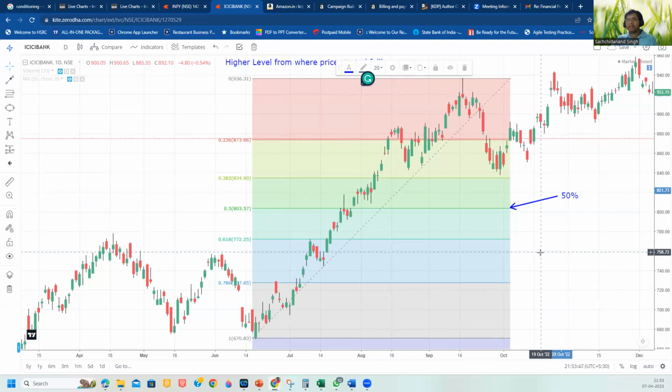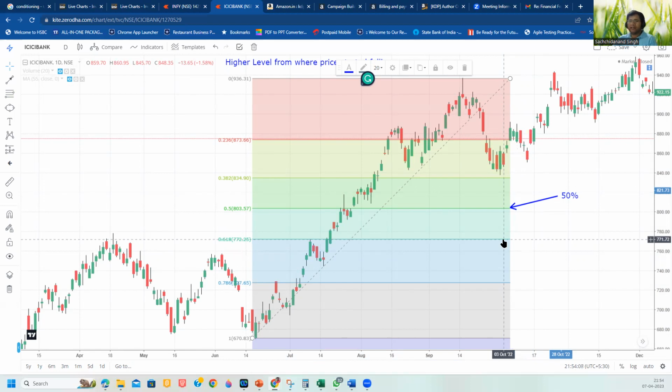It is not a retracement. So in most scenarios, 23, 38 or maximum 50%. If it is going beyond that, then we need to treat it differently, and how to treat it we are going to learn when we apply these concepts in a real market scenario.